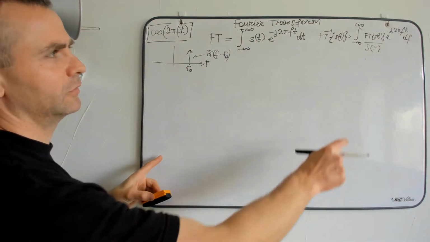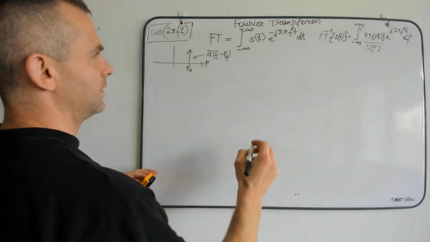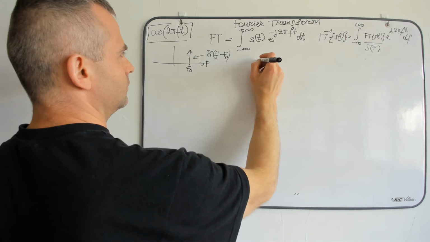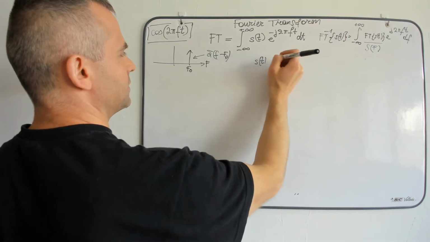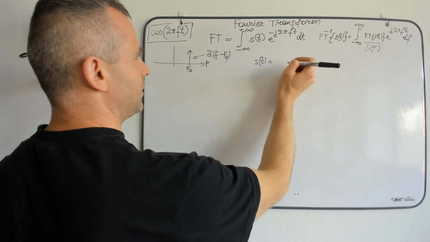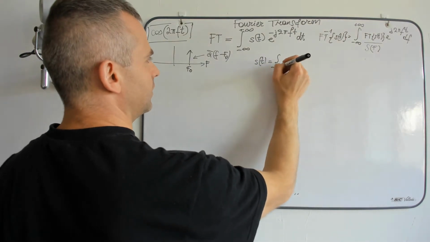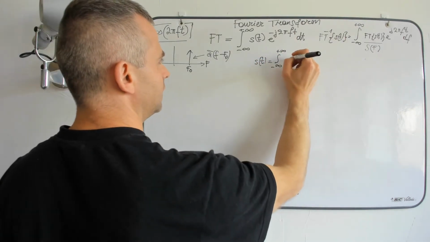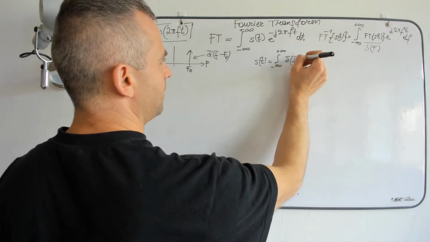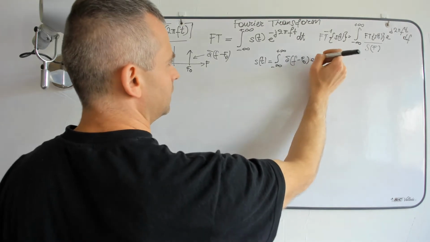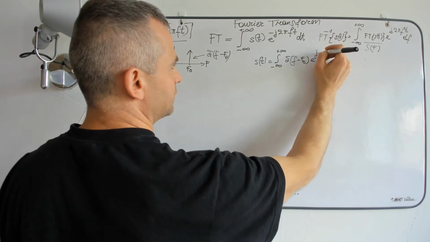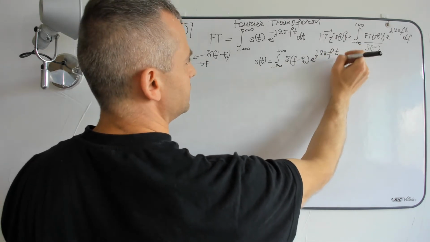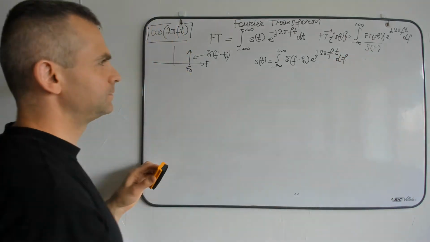So I will apply this relation. S of t, which is my signal in time domain, is equal to the integral of delta f minus f0, which multiplies exponential j 2 pi f t, df.